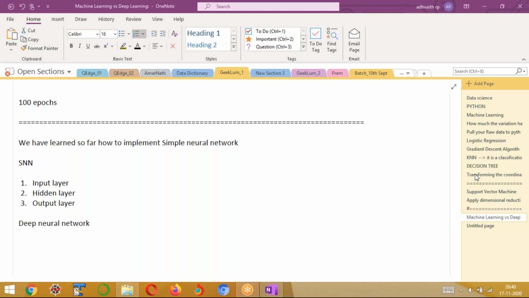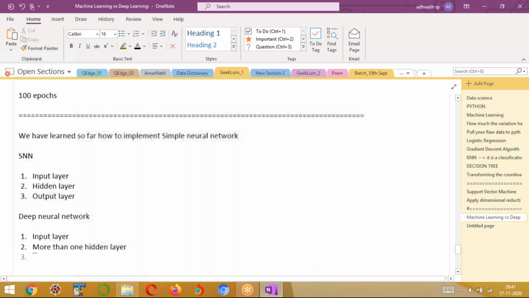That's the question. In those cases, you need to go for the next level of your neural networks, the next level of your learning. That is what a deep neural network is. So what will a deep neural network do? The input layer will be there. Here, more than one hidden layer is required, and then the output layer. Why am I saying more than one hidden layer?